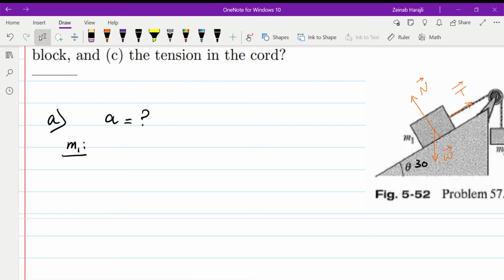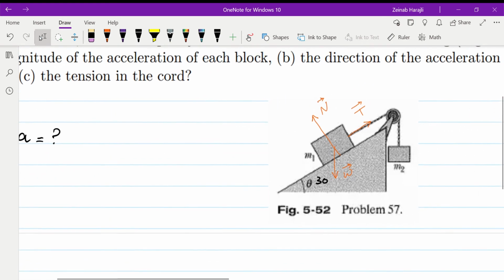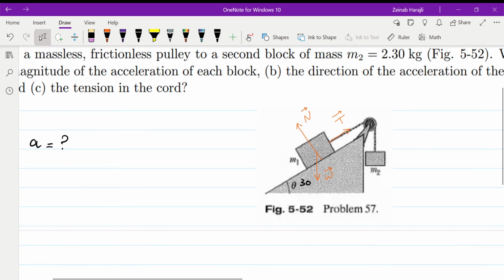Our system is moving, so it's important to show the direction of the acceleration. Now we're not really sure of the direction of the acceleration, but we can make a guess and say that the acceleration is downwards. If our guess was incorrect, then we will notice it when we get a negative value for the acceleration.